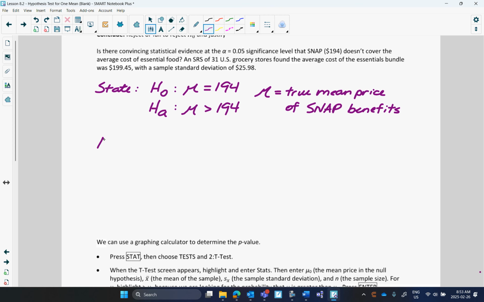Plan. Well, with confidence intervals we construct, with hypothesis tests we perform or conduct. So we are going to perform a one sample t-test. Because remember, with means we use t for the true mean.